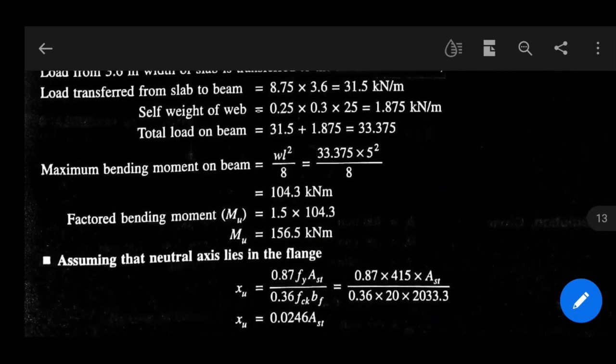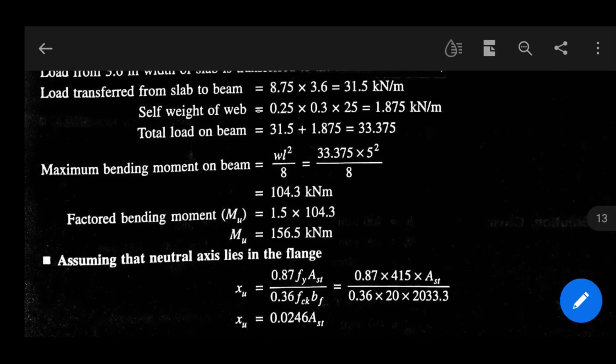Now assuming the neutral axis lies in the flange, as I told in earlier lectures also for T-beam consideration, first of all we always assume the neutral axis lies in the flange portion.